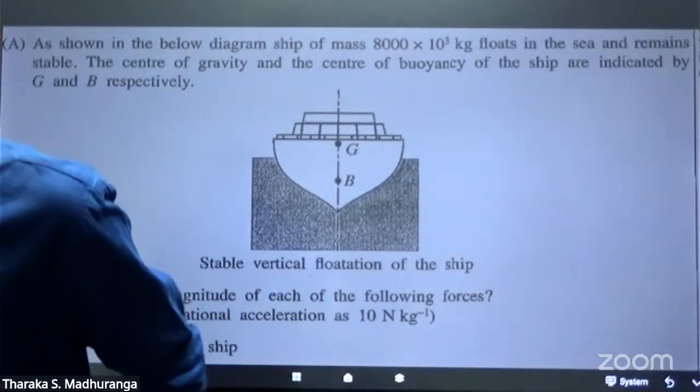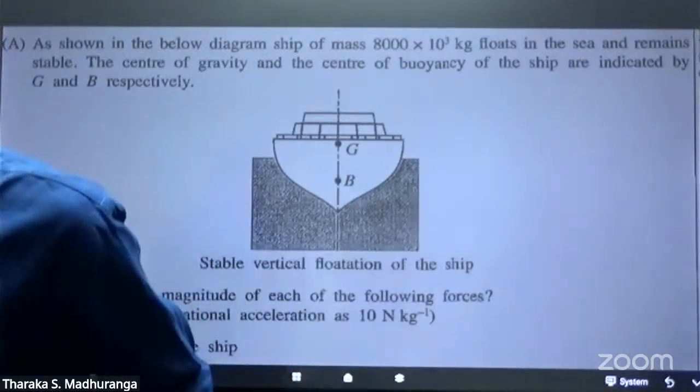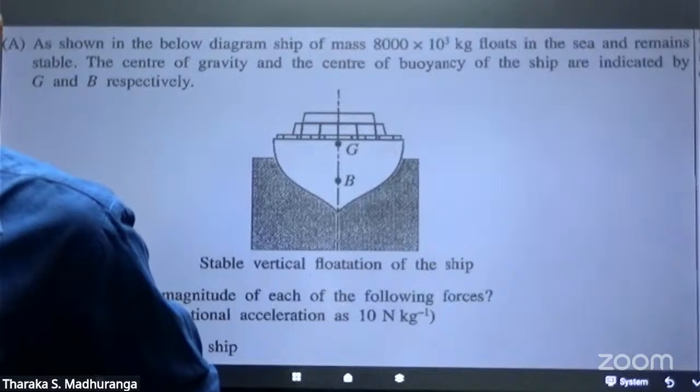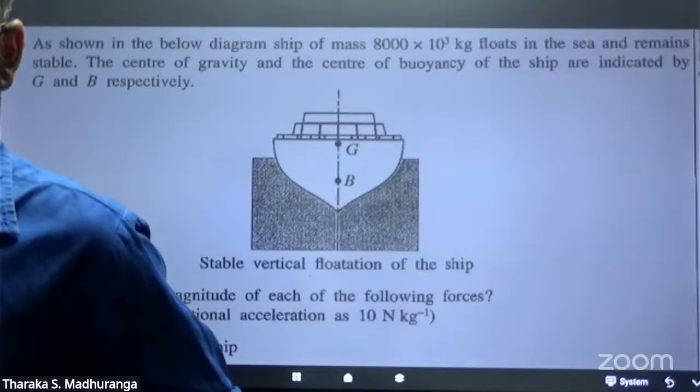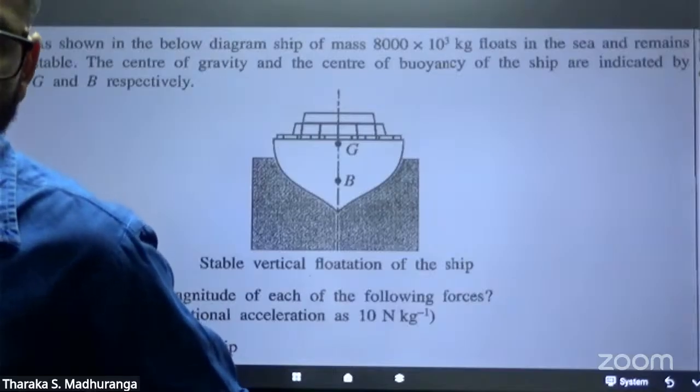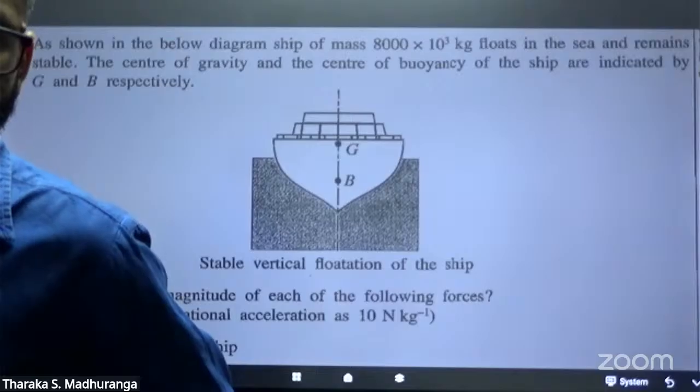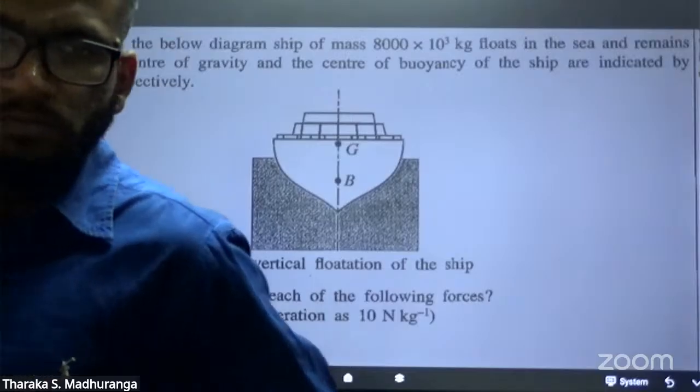What's the meaning of the buoyancy point? Devon, what's the meaning of buoyancy point?